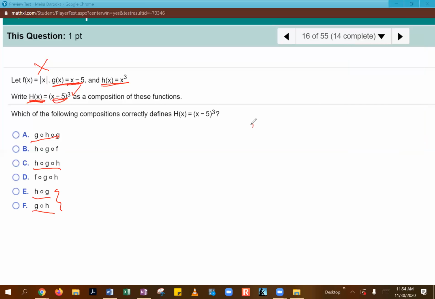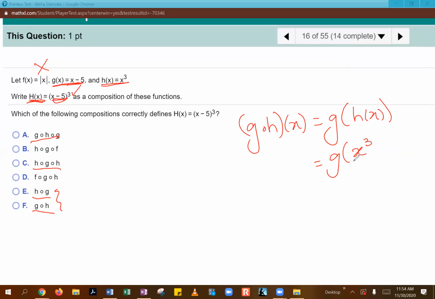That's G of H, which basically means that G is the outer function, H is the inside function. So if we have H on the inside, that's x to the third power. So x to the third will go inside of the G function, which means this x will be replaced by x to the third minus 5.